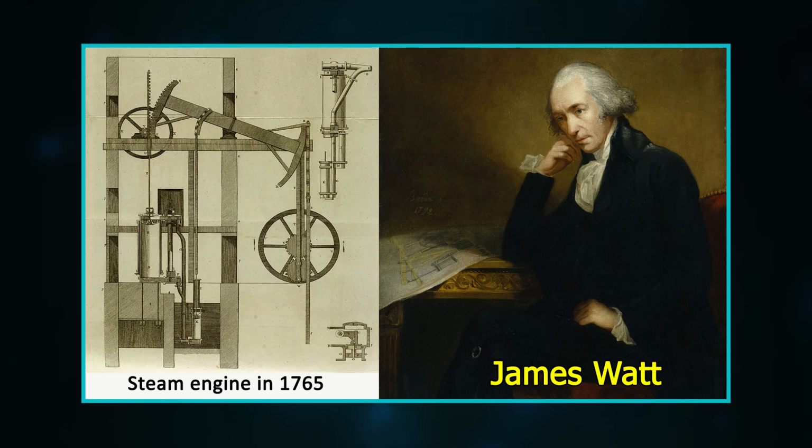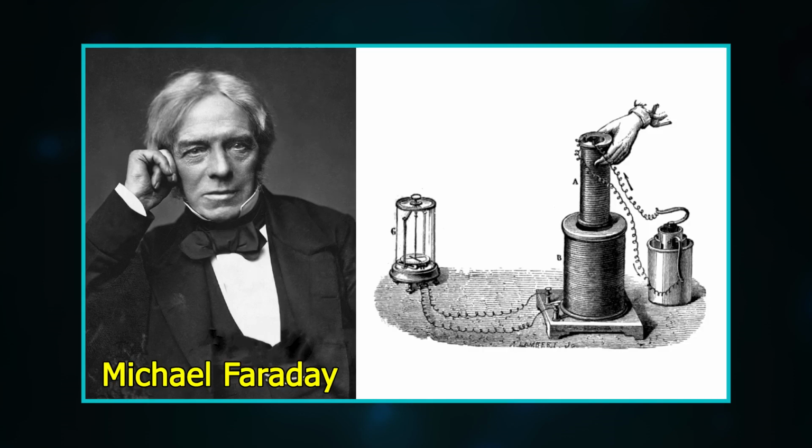By creating a steam engine in 1765, a Scottish instrument maker named James Watt made it more effective and practical. Michael Faraday's invention of a mechanism that transformed mechanical energy into electric energy was another significant advancement in the use of energy.